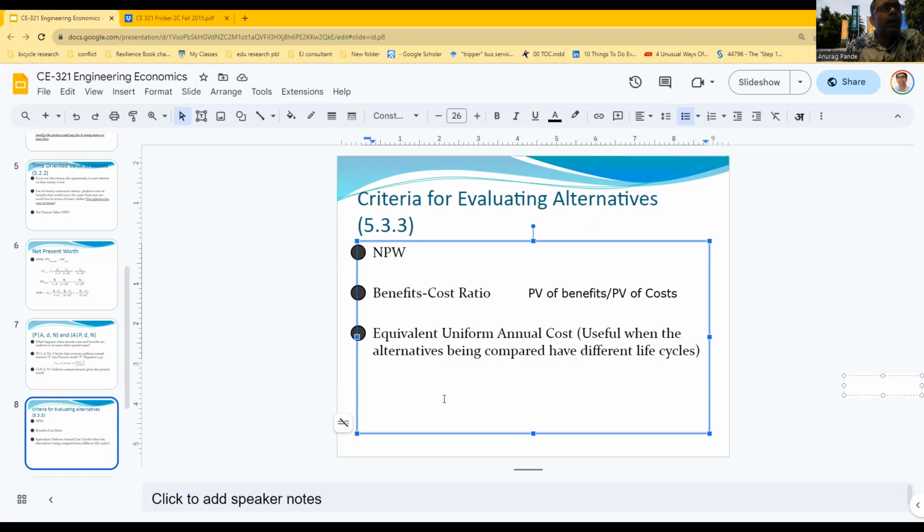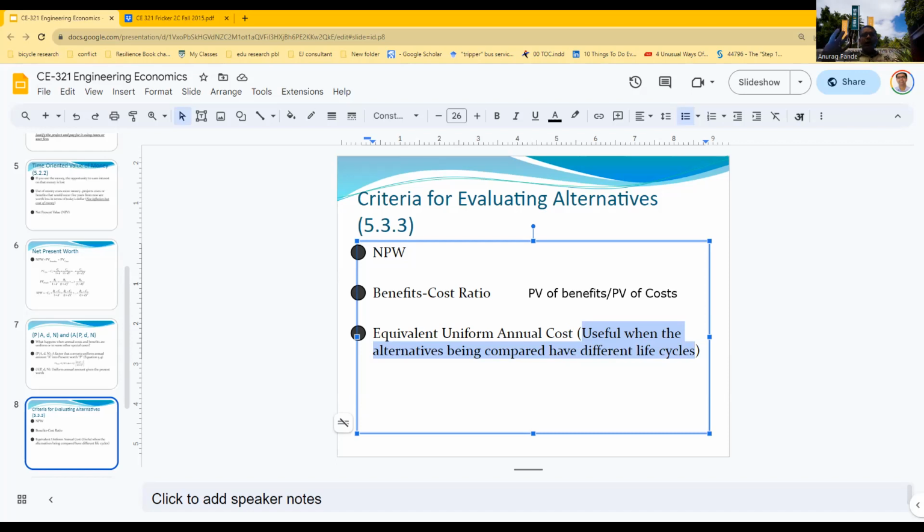Now, sometimes you don't want to convert everything to present value. In fact, you want an annualized stream. When do you want that? Sometimes when we're comparing alternatives, the alternatives have different lifespans. So for example, think of comparing buying a new car versus buying a used car.